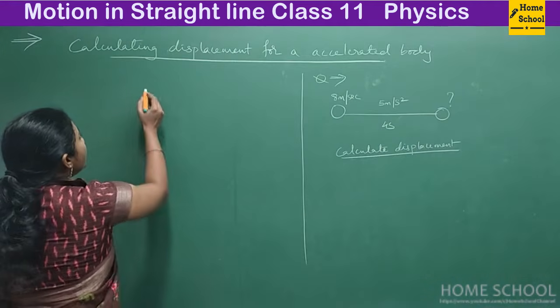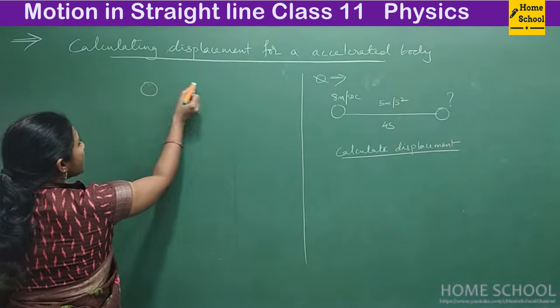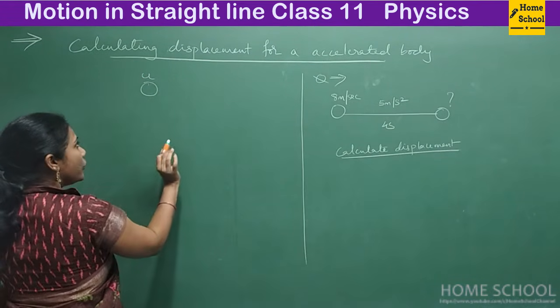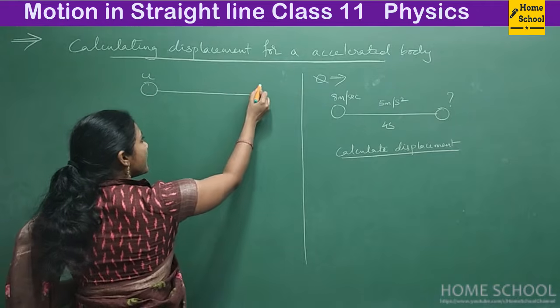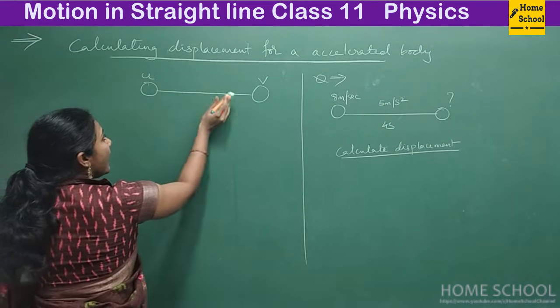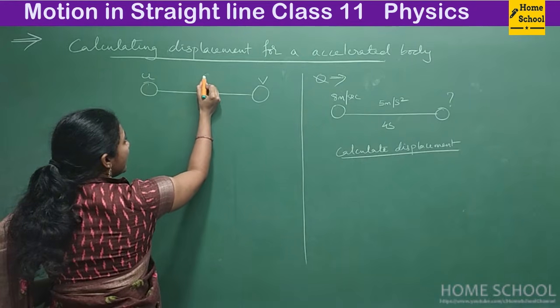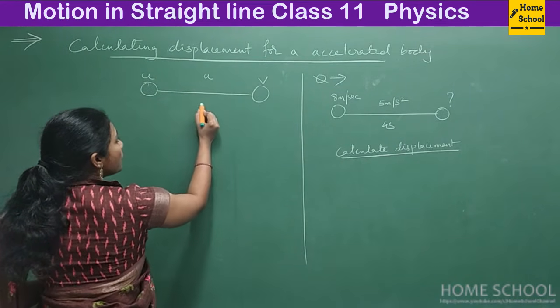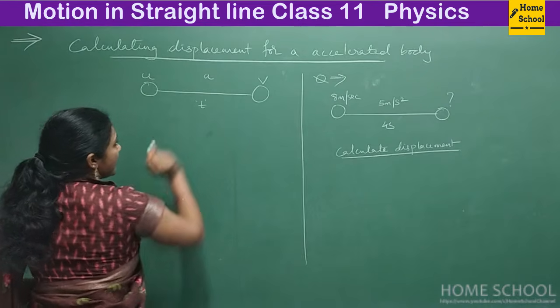See guys, you have an object which is moving with initial velocity u and it has reached this point with final velocity v. Let the acceleration of this object be a, and this took place in a time of t seconds.